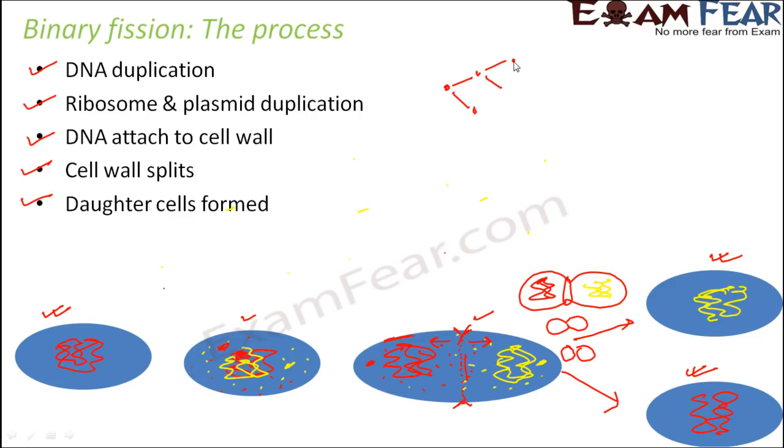Now again each of them will produce two cells. Now again each of these will produce two cells. So this is like a never-ending process. It is so fast that in about 20 minutes you can actually end up producing millions of cells. So this is about binary fission which takes place in prokaryotes.